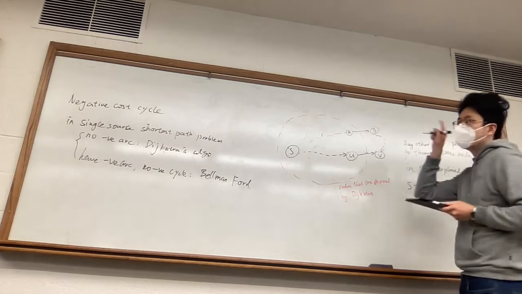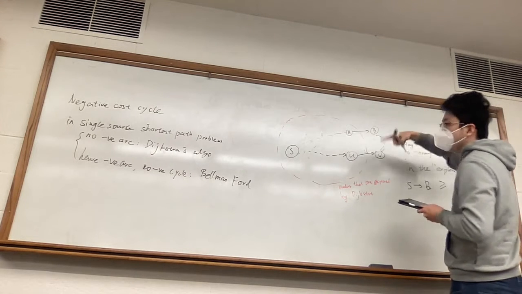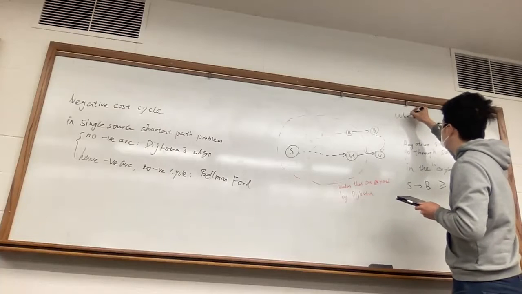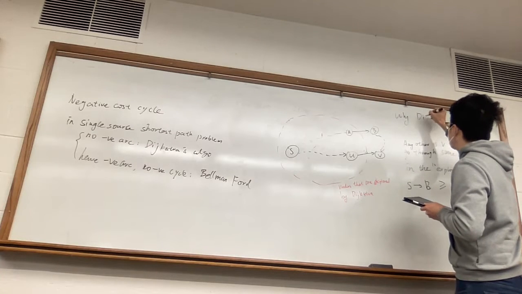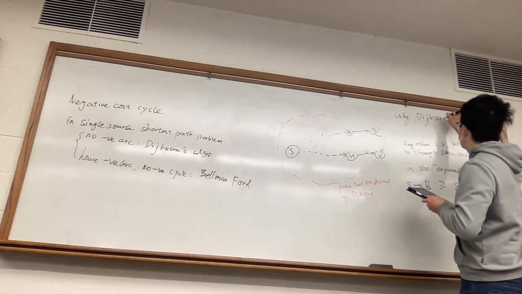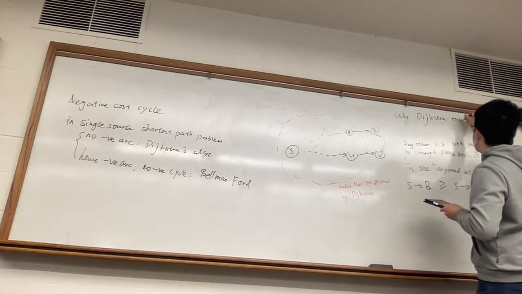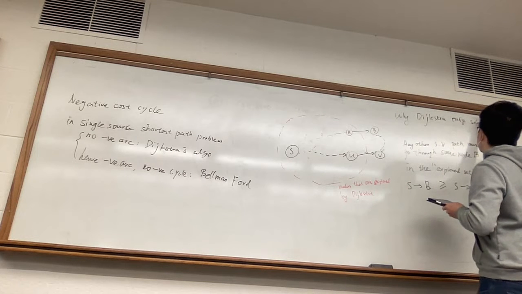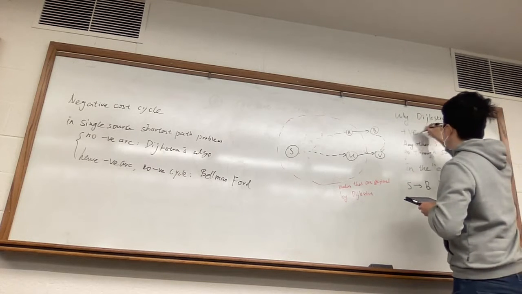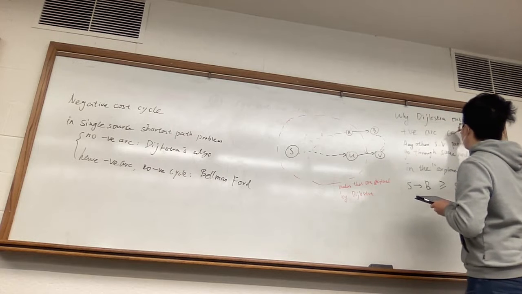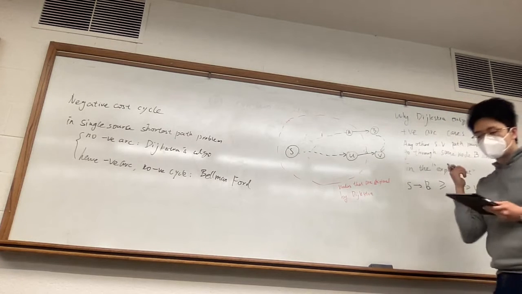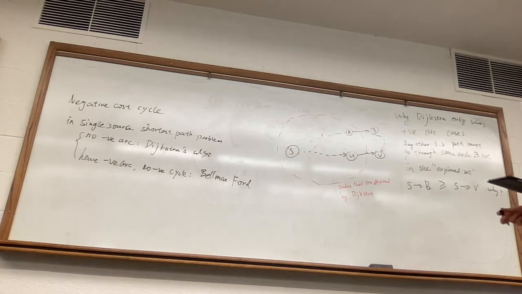Oh, by the way, for those who can later, here I'm explaining why Dijkstra only solves positive arc cases. Because I think you have already learned in class that when you are using Dijkstra algorithm, you cannot apply it to any graph with negative arc. This is what I'm explaining now.